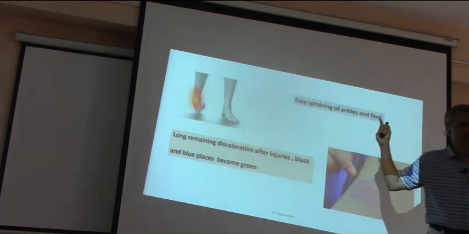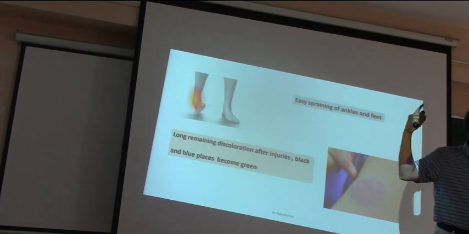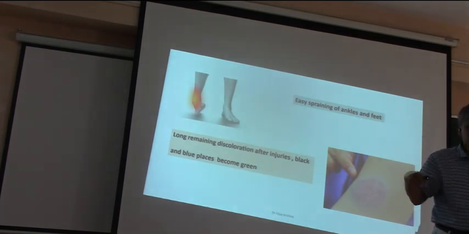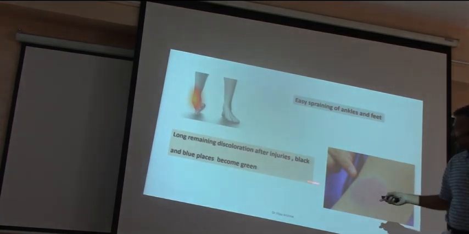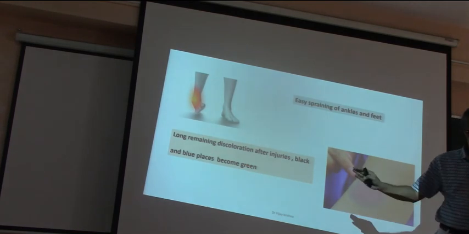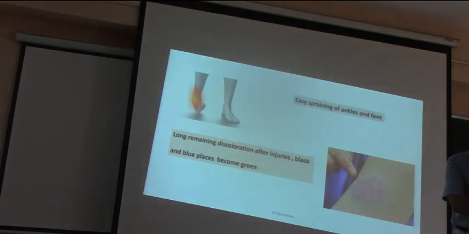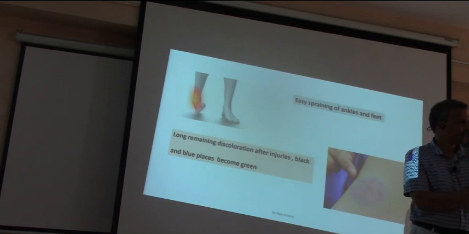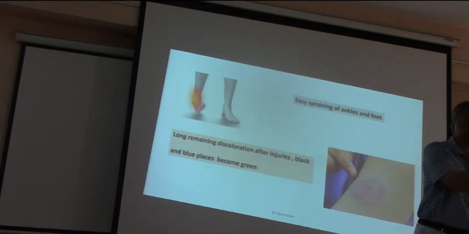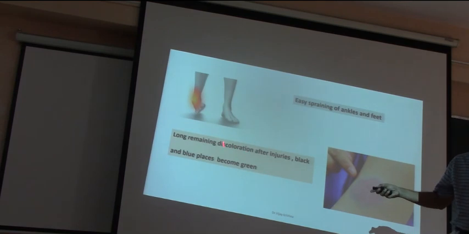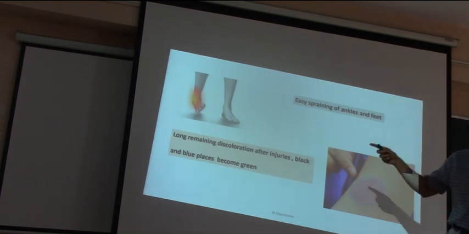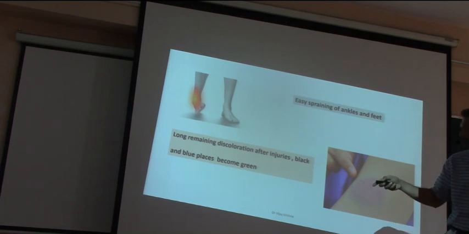The injury happened a year back, 6 months back, 5 months back, 4 months back, and the discoloration still remains. Okay? Many of you would have had an injury. In a week or 10 days it gets cleared. You are back with your normal skin. A Ledum patient will have long remaining discoloration of the injured part, which is characteristic. Okay?